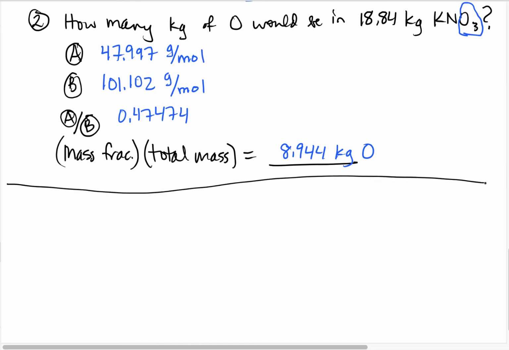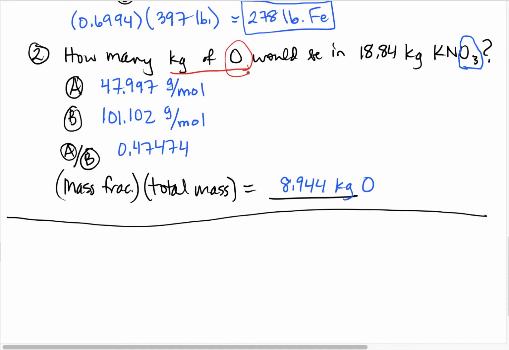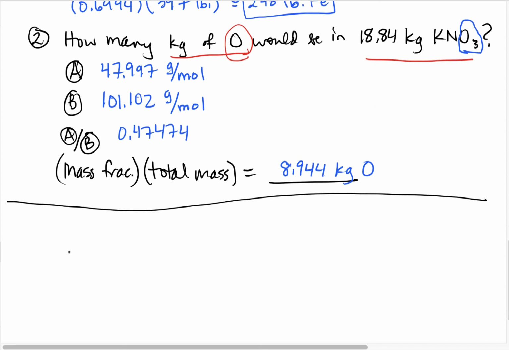All right, now what about a slightly different version of this same kind of problem? In these, I was asking you about the quantity of one particular element in a whole mass of a compound. What if we change this question slightly?